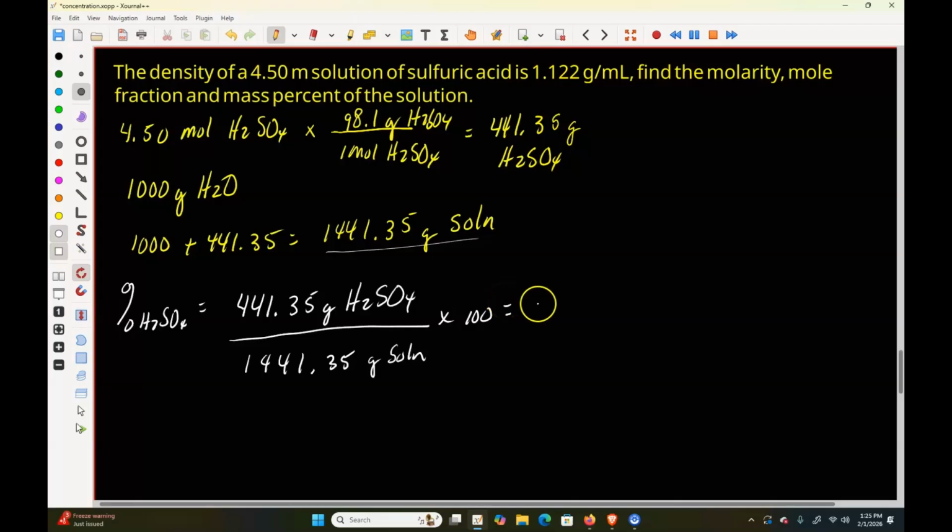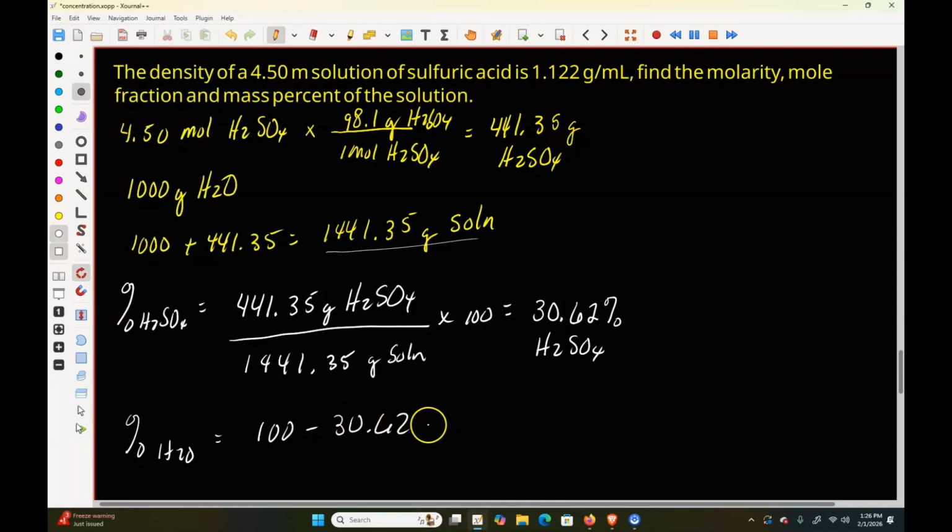That would give me 30.62% H2SO4. So the percent by mass of water will be 100% minus 30.62%, which is 69.38%.